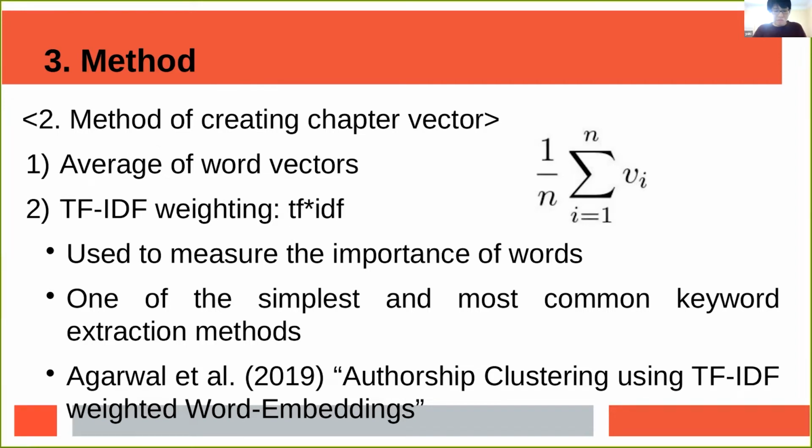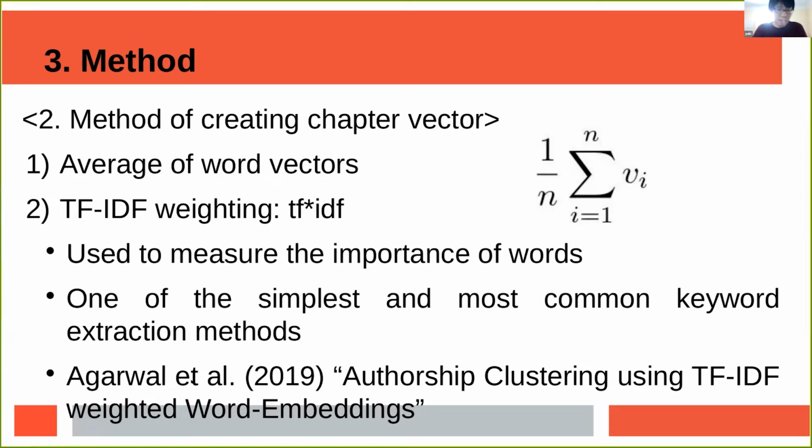The averaging of word vectors is exactly the same way as how I did last year. And the other way, TF-IDF, is also a well-known idea. It is often used to measure the importance of words, and it is one of the simplest and most common keyword extraction methods.